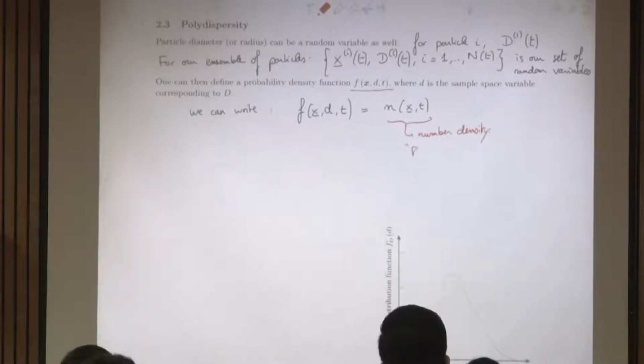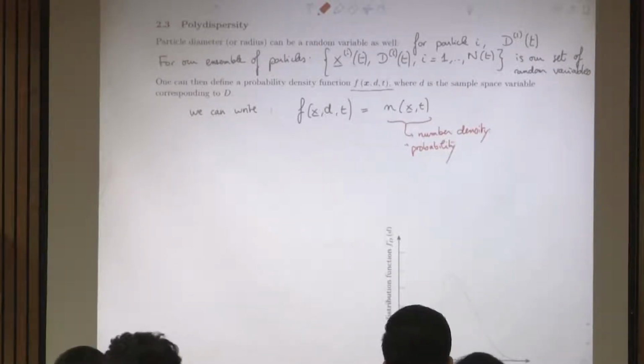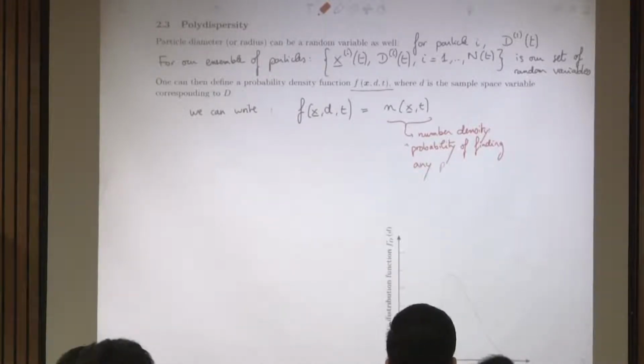Therefore, this is the probability of finding any particle at x and t. Okay?